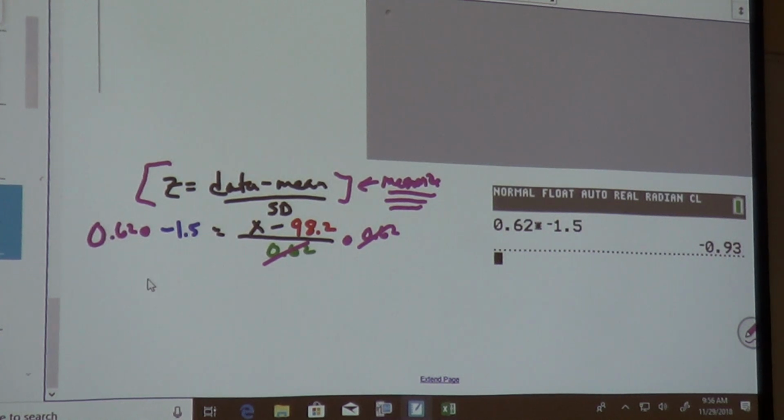Okay, so on the front side, I'm left with -0.93 equals x minus 98.2.